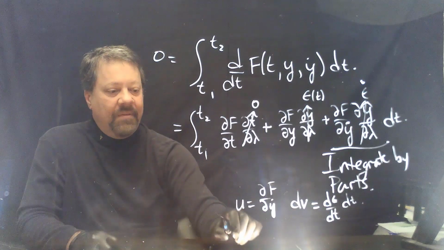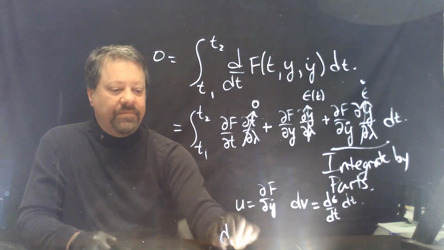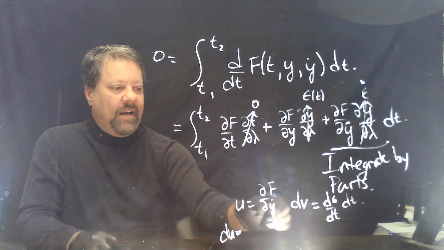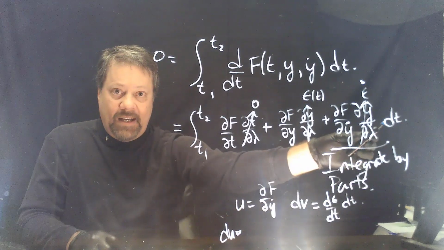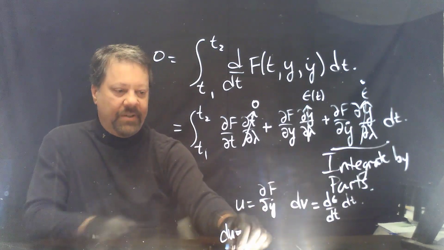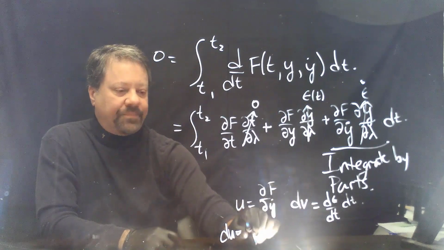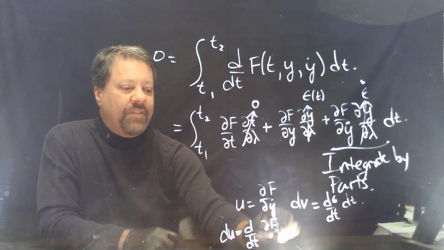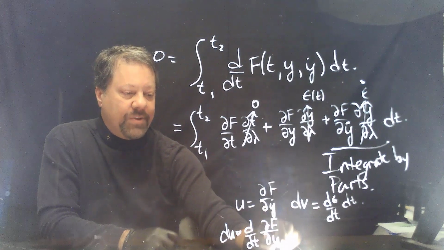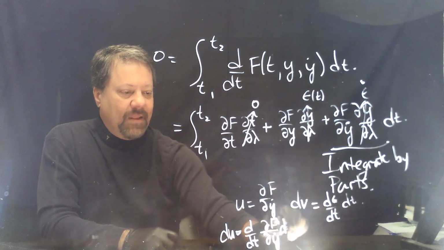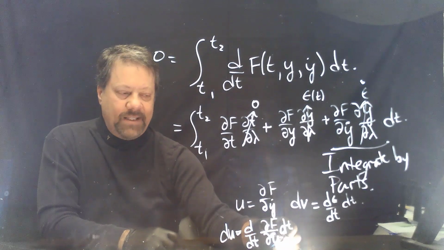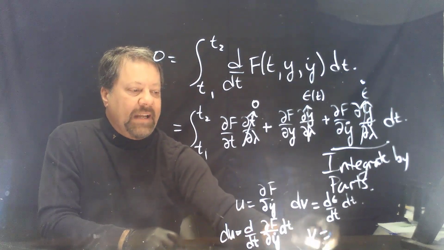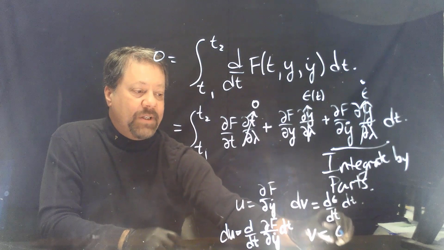So the derivative of u, and these derivatives are with respect to time, du dt, we'll move the dt over. We'll get the derivative with respect to time of the partial derivative of f with respect to y dot times dt. V will be the integral of the right-hand side, which is just epsilon.